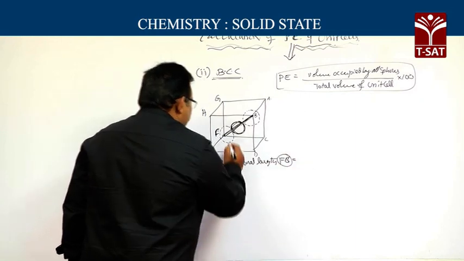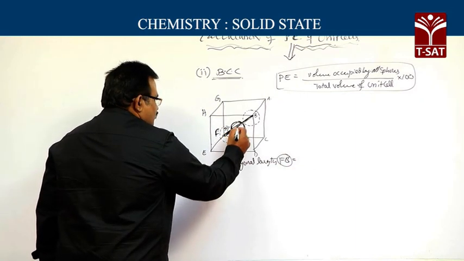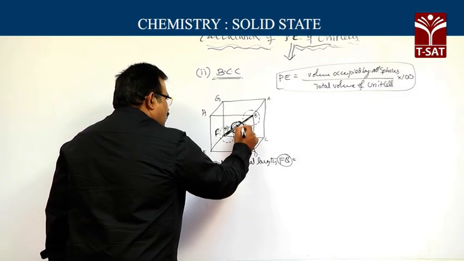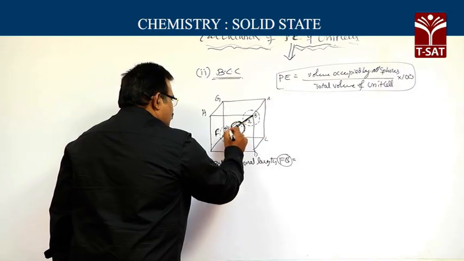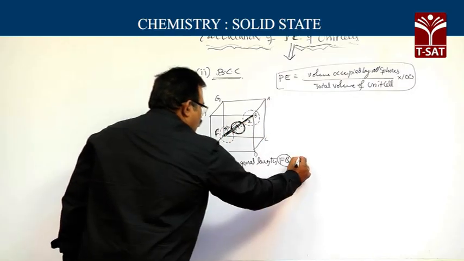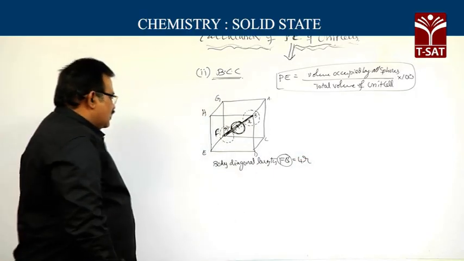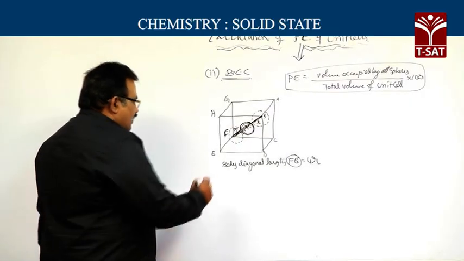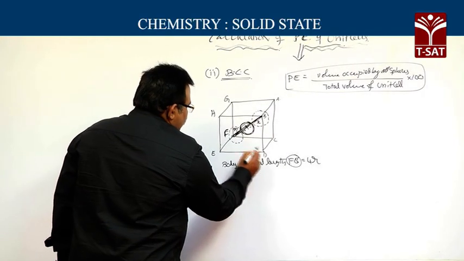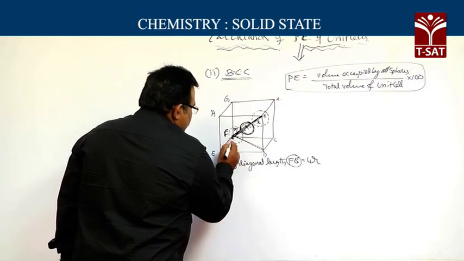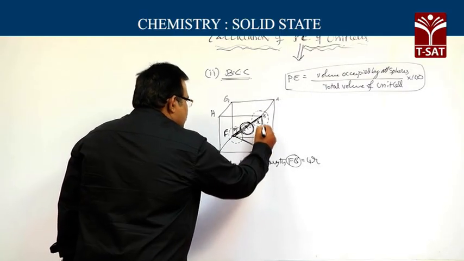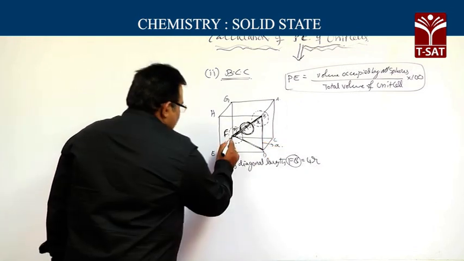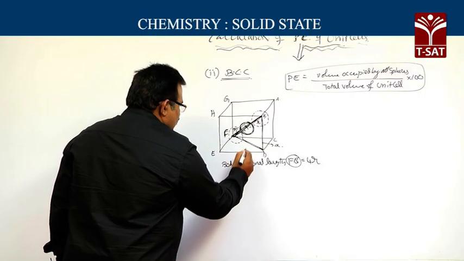This is equal to R, this is 2R, and this is another R. Total 4 radius. Body diagonal length FB is equal to 4 radius. And if you take the point from here to here, this is the edge length, it is a. From here to here, this is the face diagonal, root 2 a.